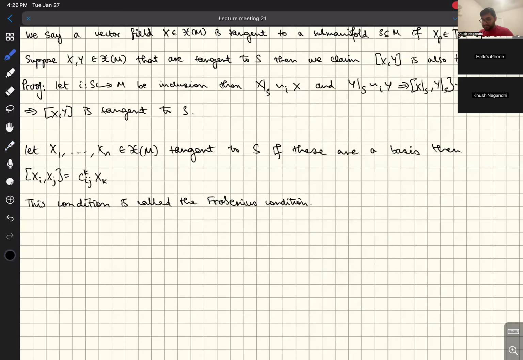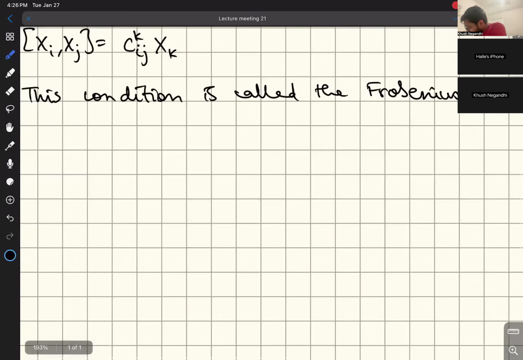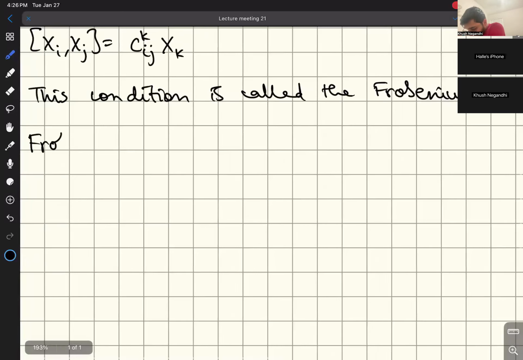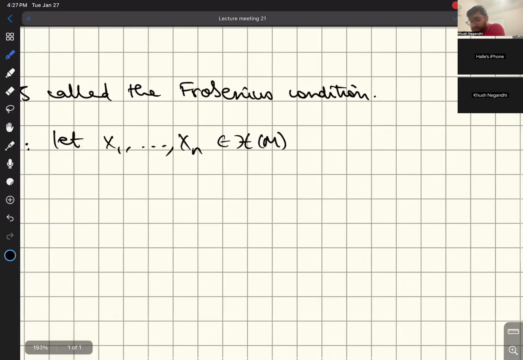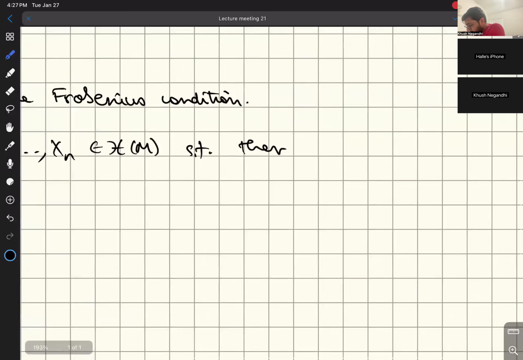So that's the idea. So why is the Frobenius condition important? That's because of Frobenius's theorem, which states: let x1 up to xn be vector fields such that they are linearly independent everywhere.